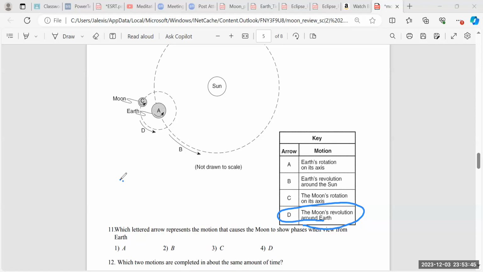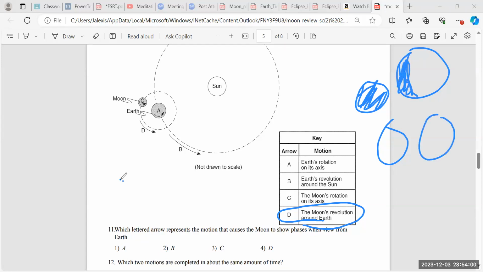The moon's revolution. So the reason why we're able to see a new moon, a full moon, a waxing gibbous moon, or a first quarter moon, all of these different moon phases, is because the moon is going around the Earth.